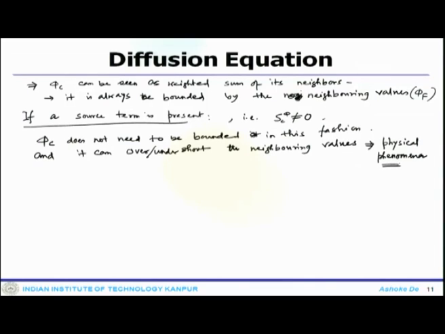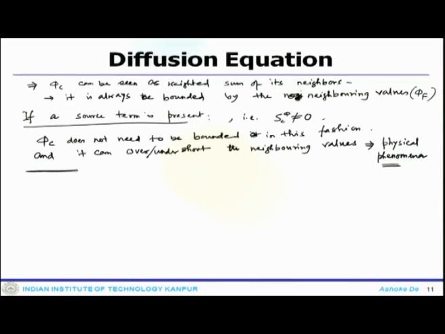Which gets you an important message: when you have this assumption of linear profiles, it comes with certain restrictions, but if you keep on refining your grid, this does not have a significant impact on the results.